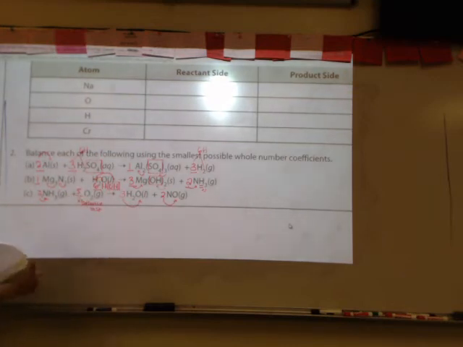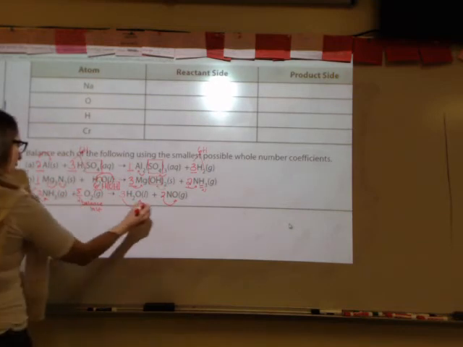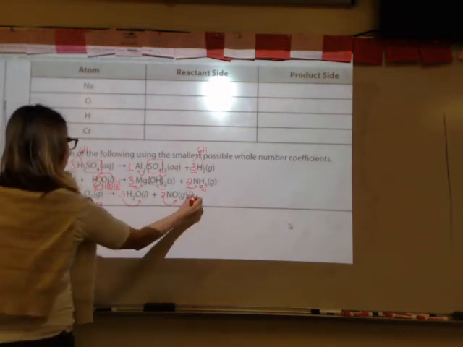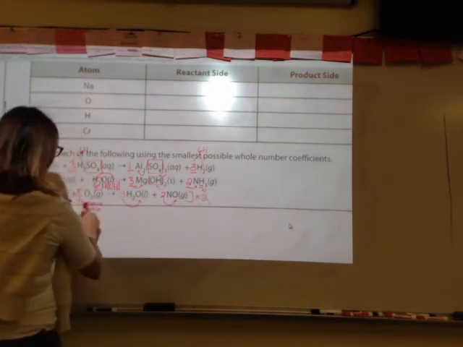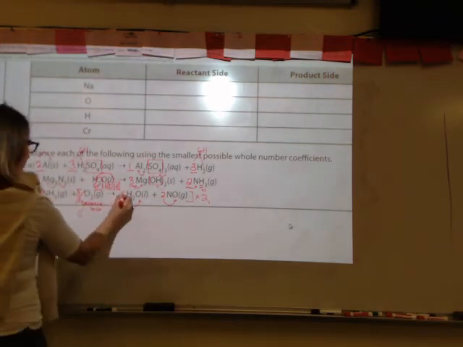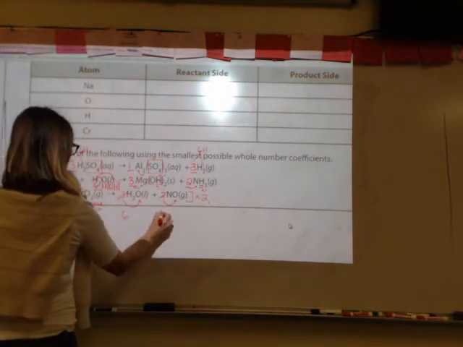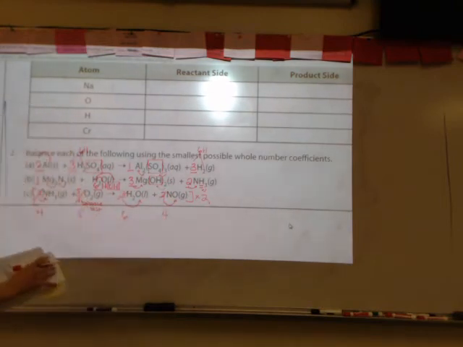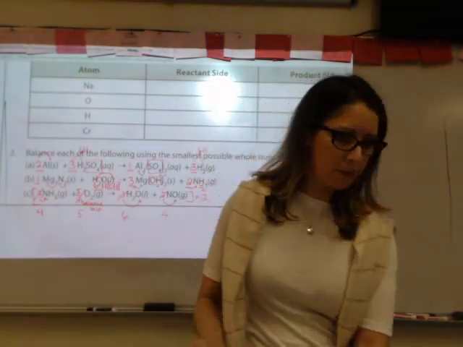And the reason you do that is because if you multiply all of the other coefficients by 2 to get rid of this fraction, this becomes a 4, this becomes a 5, this becomes a 6, and this becomes a 4, and now everything will be balanced.